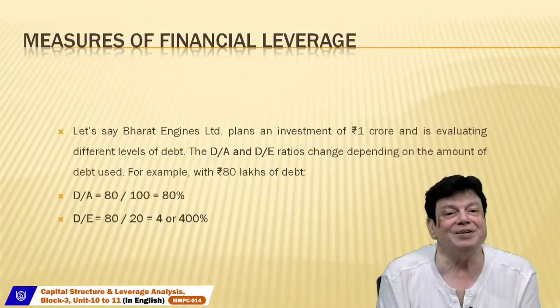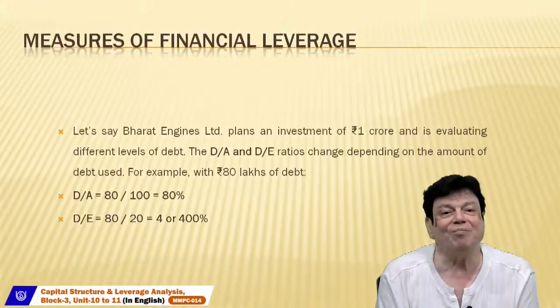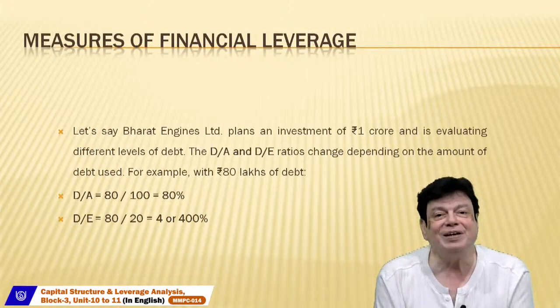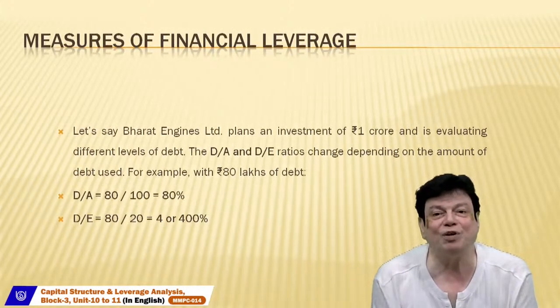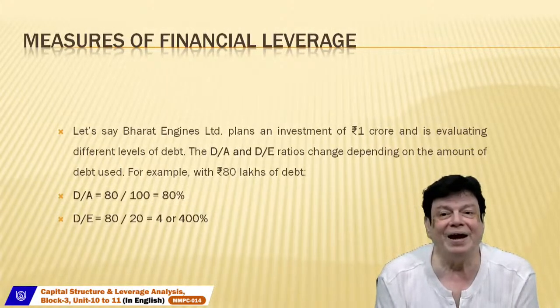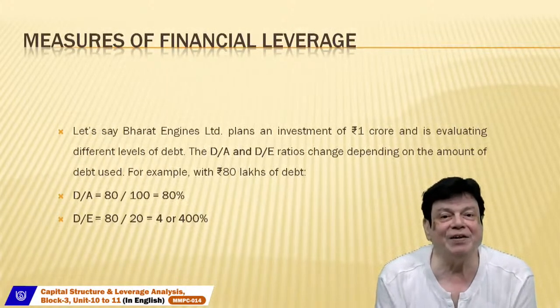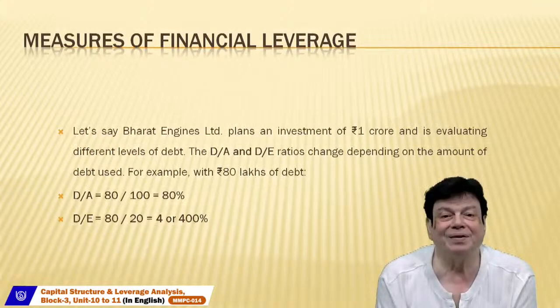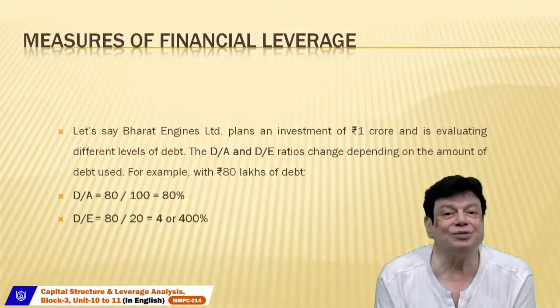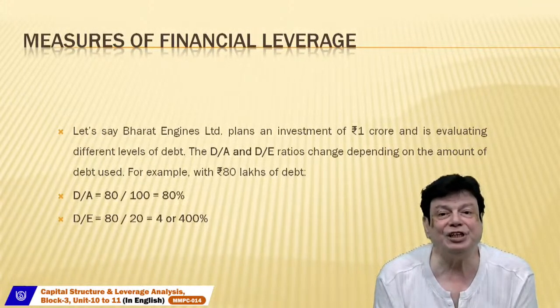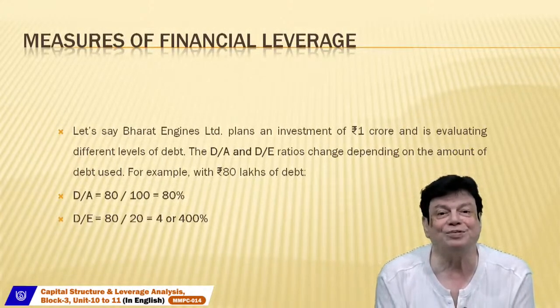Let us take another example. Bharat Engines Limited plans an investment of rupees 1 crore and is evaluating different levels of debt. The DA and DE ratios change depending on the amount of debt used.